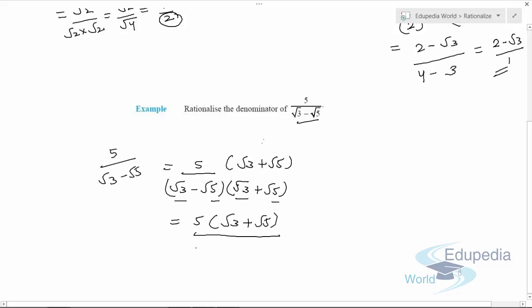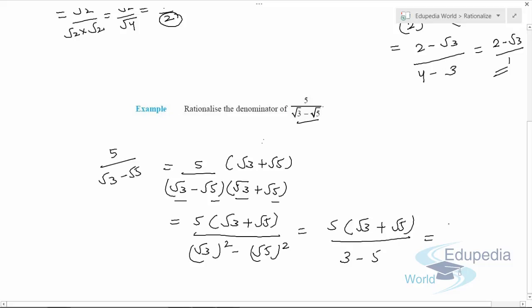So this comes out to be under root 3 whole square minus under root 5 whole square, which is 3 minus 5. So the answer is 5 into under root 3 plus under root 5 upon minus 2. So this is the final answer.